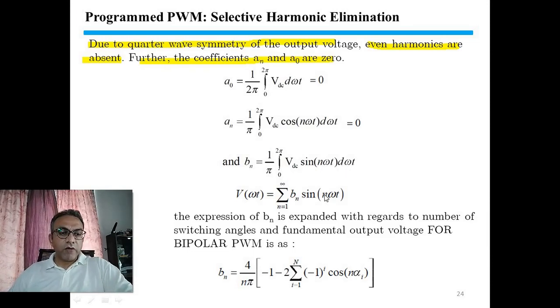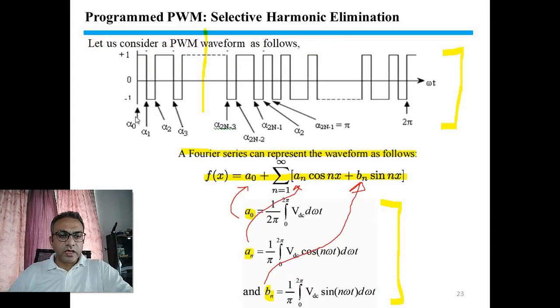Hence our Fourier series is equal to, I am replacing x by omega t. Now a naught is 0, a n is 0. So these two terms become 0, and I am replacing f by the voltage.